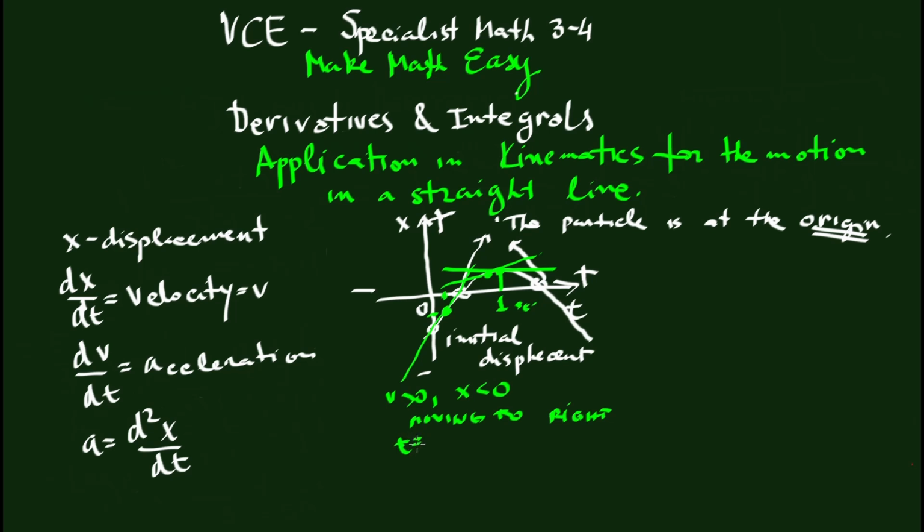So if t equals 1, we have v equals 0, no movement. And then we have the velocity going down, so v is less than 0, moving to the left.